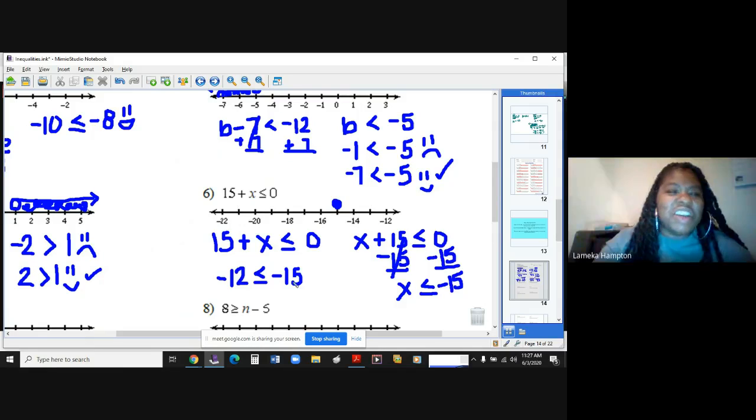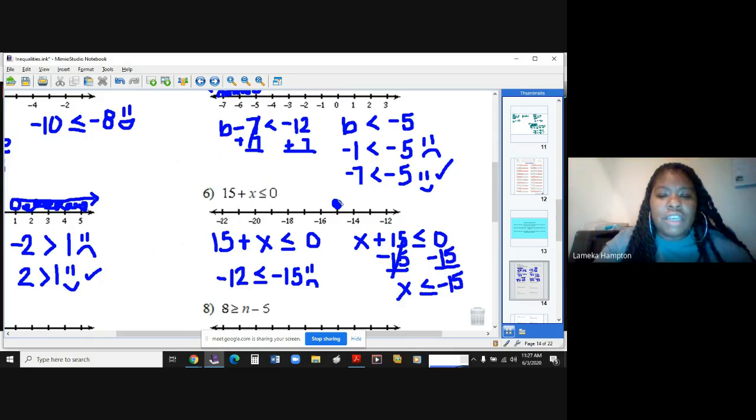No. And I promise you, I'm not trying to make this a trick question. But remember, that is not a true statement because negative 12 is closer to zero than negative 15. So this is why we give them a sad face, because that's not true.